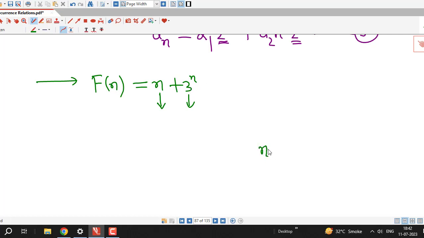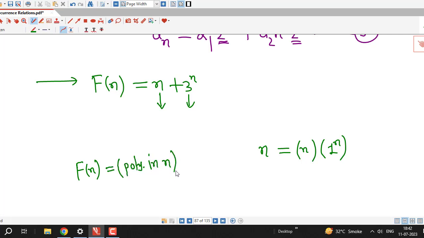So corresponding to this function n, first we write this function n in this form, n times 1 raised to n. As we know, whenever we want to find the particular solution, we have to assume our function in this form: polynomial in n into nth power of some constant.